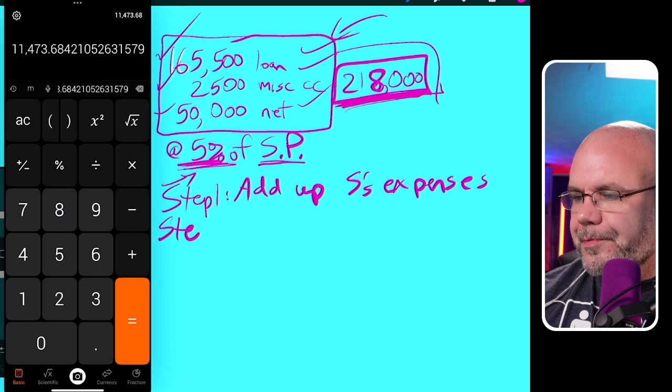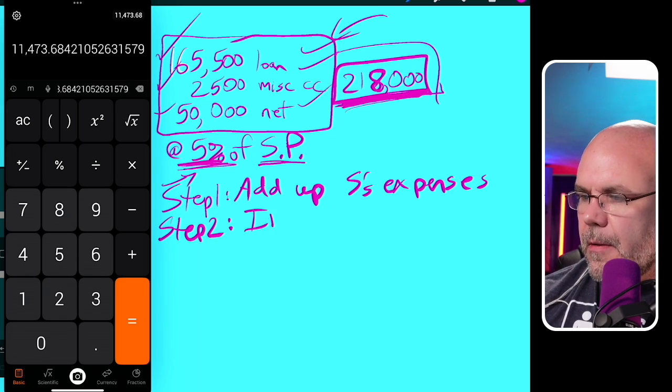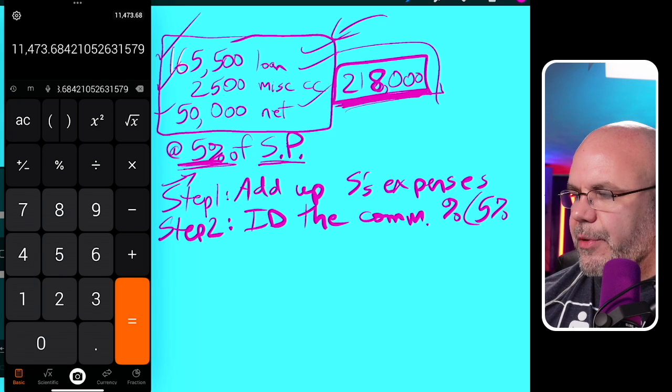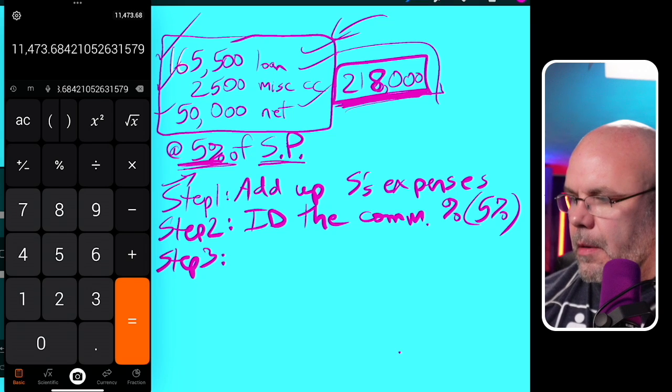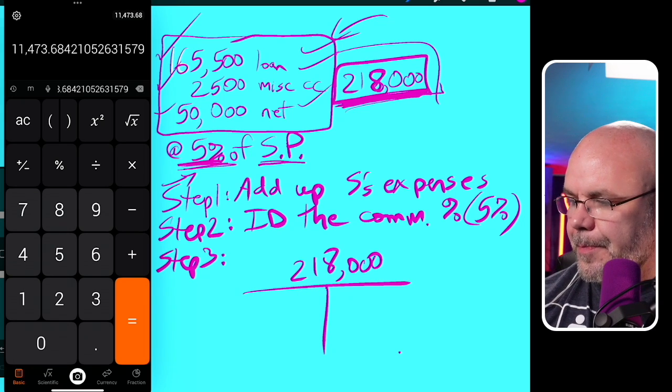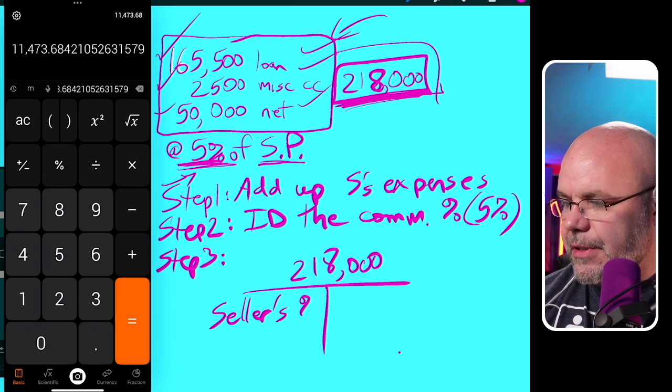Step 2, identify the commission rate. In this case, it's 5% that you're making. Step 3, the 218 divided by the seller's portion of a percentage, or the seller's percent, equals the sales price.